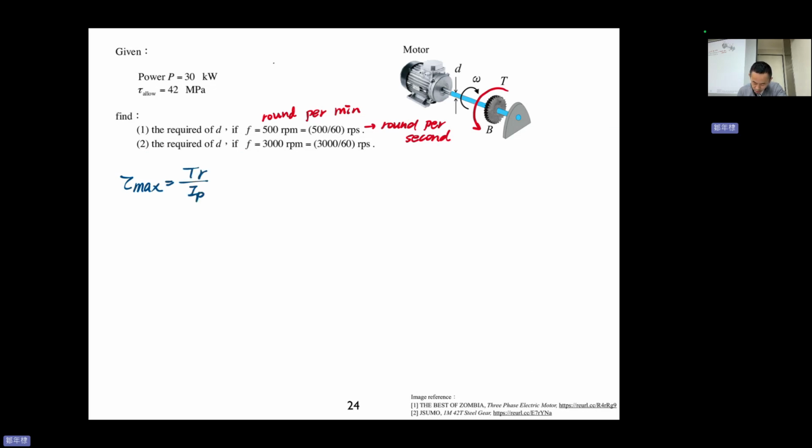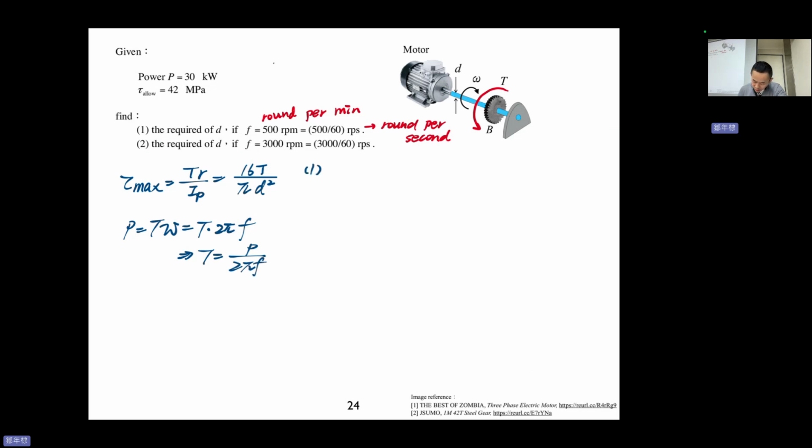This is what you learned before, which is 16T over pi d cubed, and P equals T omega equals T times 2 pi F, which gives T equals P divided by 2 pi F.